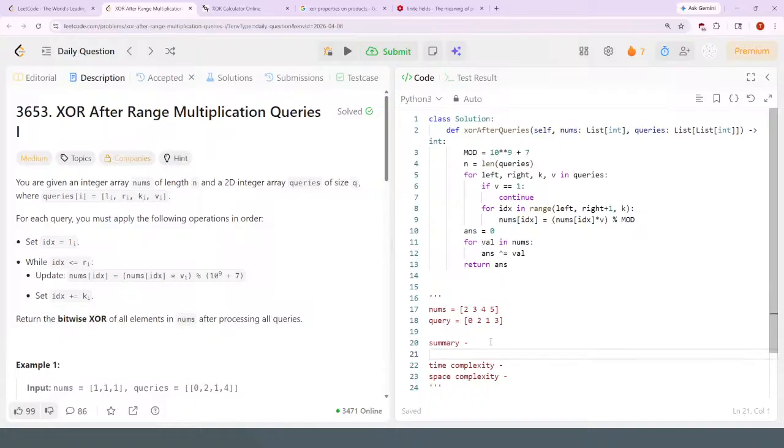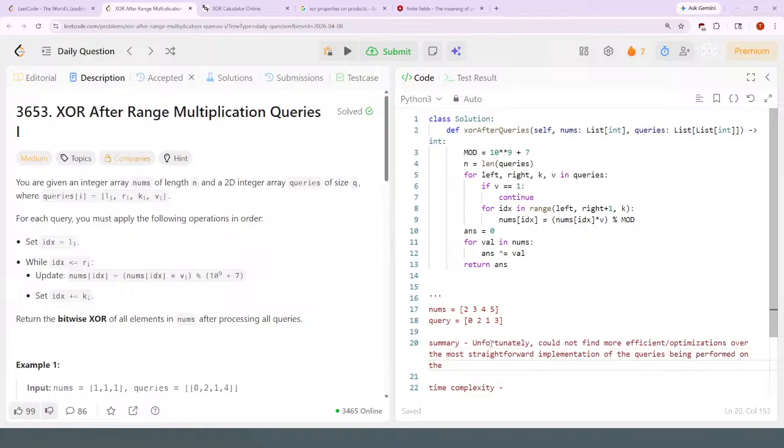Summary. Unfortunately, I could not find more efficient optimizations over the most straightforward implementation of the queries being performed on the nums array.